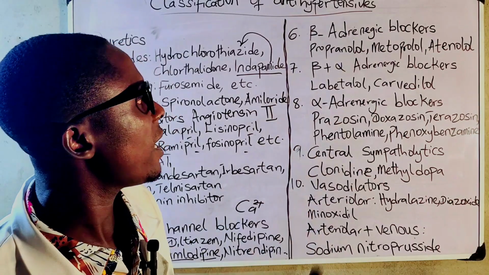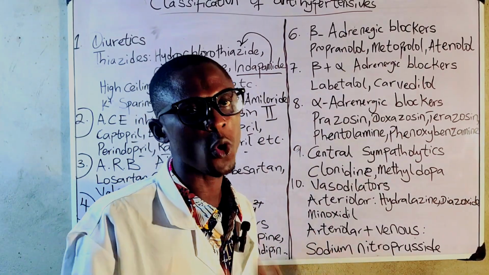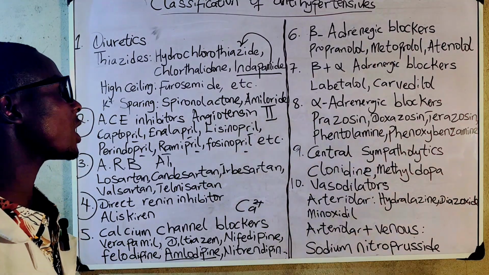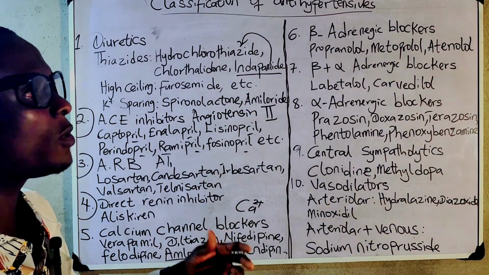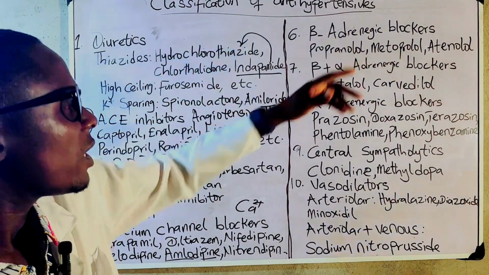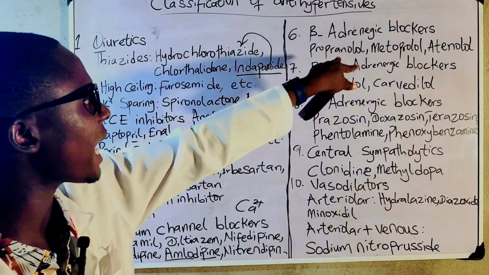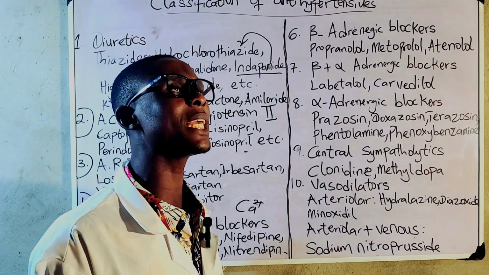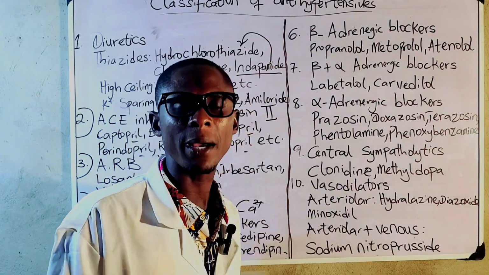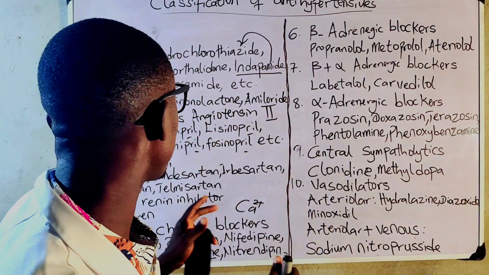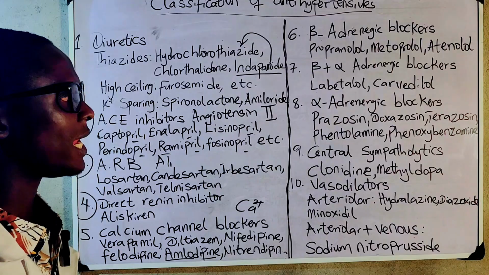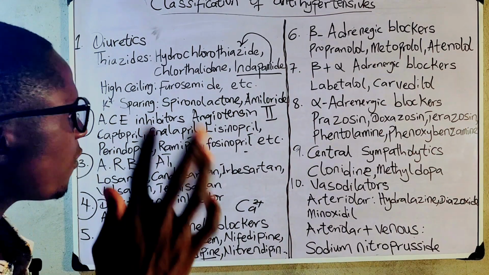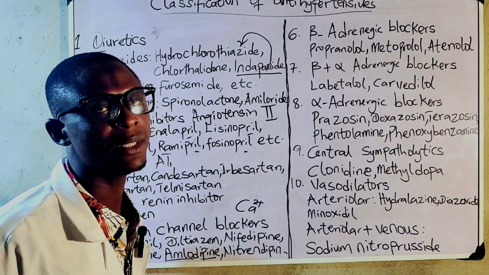So you see that you need to know how these drugs work before you know which of them to give in different cases. When we're talking about fluid retention or we need a vasodilator, the beta adrenergic blockers are not the best option, but they are better in cases like angina pectoris, and very effective for other cardiovascular diseases.